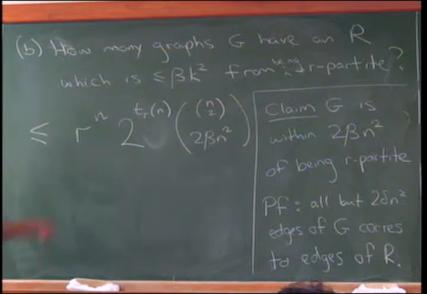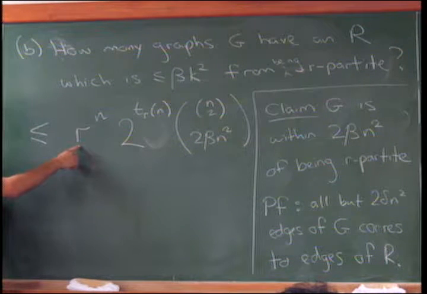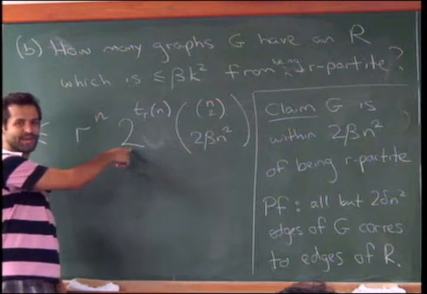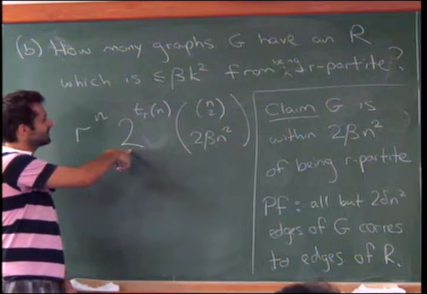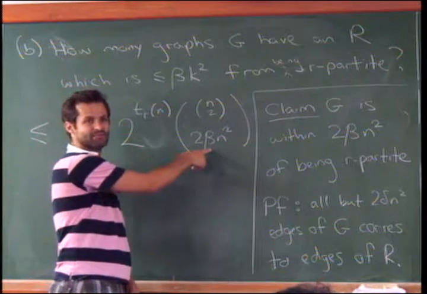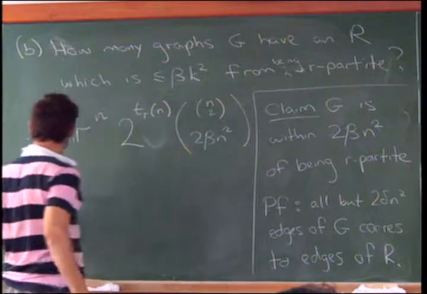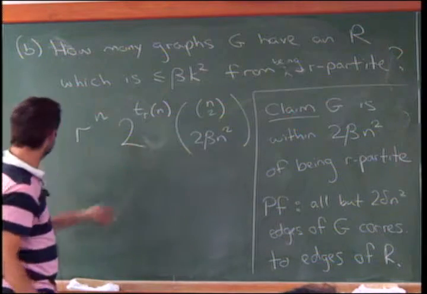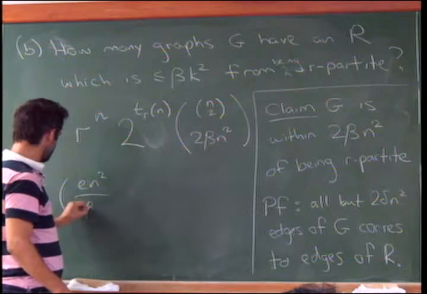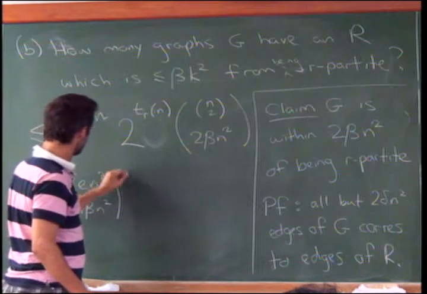Okay, so now we choose the R partition. Each vertex picks its part. Choose the edges between the parts, which is at most 2 to the Turán number of n, and then pick the rest of the edges. That's at most, do the same thing as before, n squared over 4 beta n squared choose 2 beta n squared.